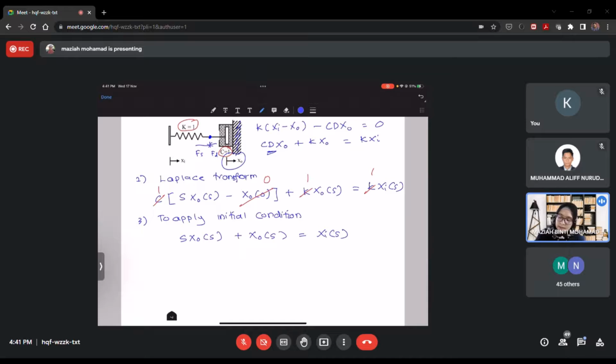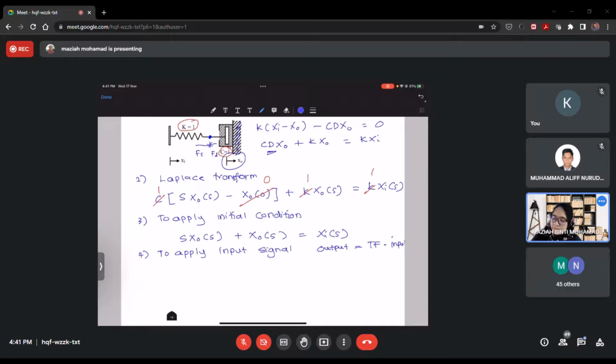Then the fourth step is to apply the input signal. Before we can apply the input signal, we have to write the equation in the form of output equal to transfer function multiplied with the input.